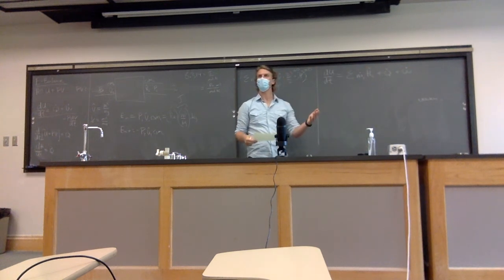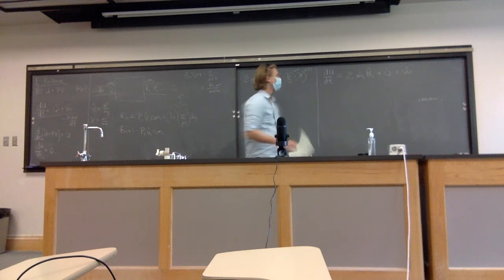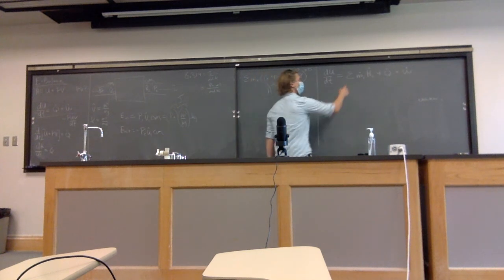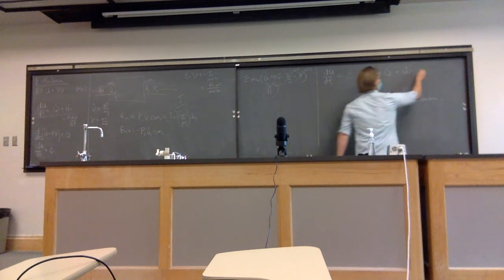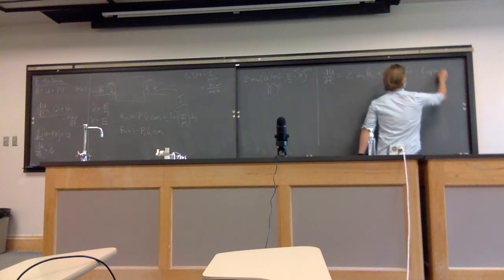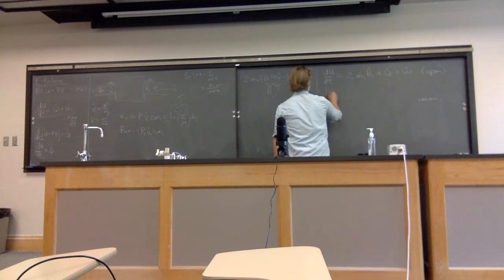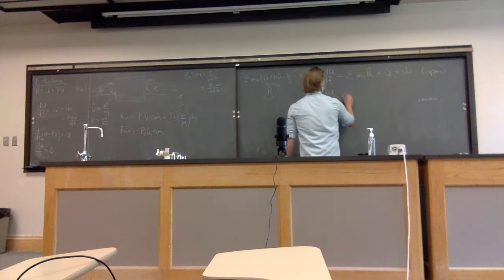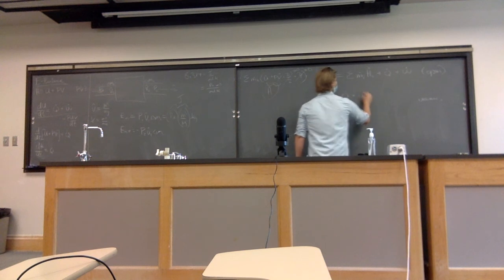This is the modern form that we work with as chemical engineers. For a closed system, there is no mass flow in or out, so this is going to be for open. And then for closed, dU/dt is equal to heat and work.